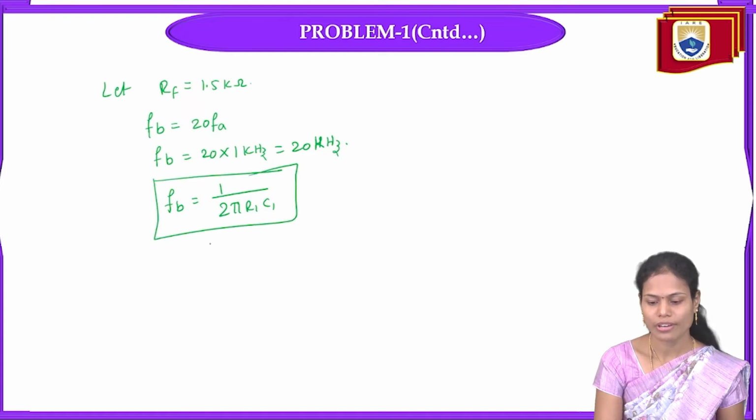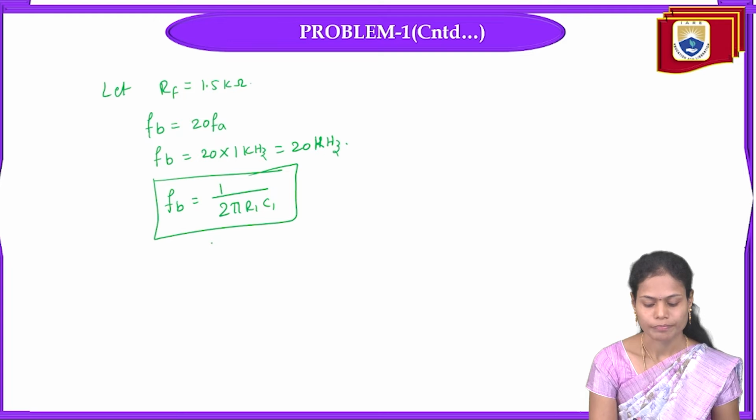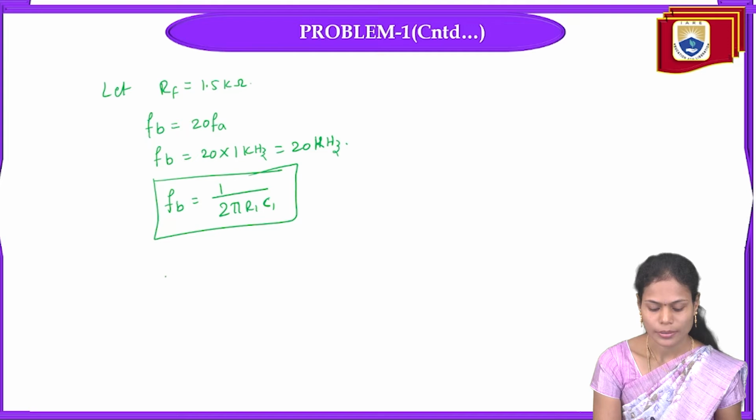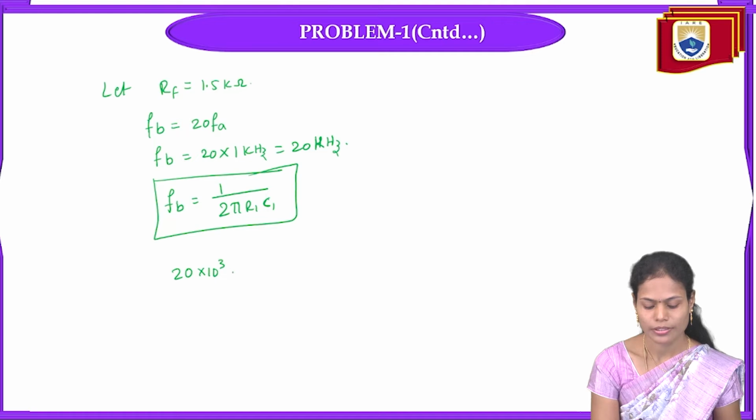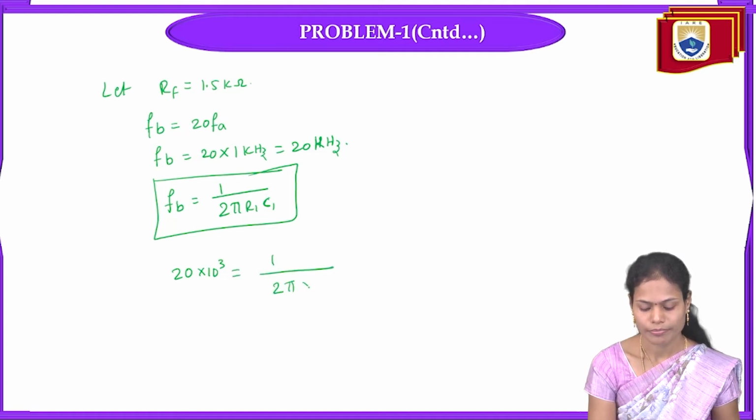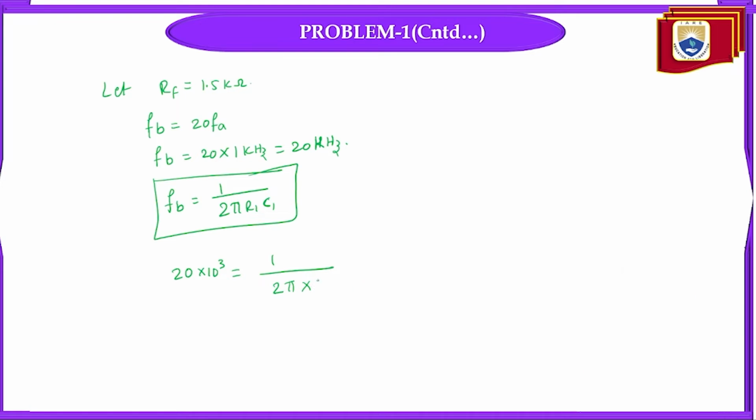So here we have to calculate the value of R1 here. So for that I am taking here FB value is 20 kilohertz, that is 20 into 10 power 3 is equal to 1 by 2 pi into R1, R1 value we don't know here, we have to calculate, and C1 value we have already assumed, that is 0.1 microfarads.